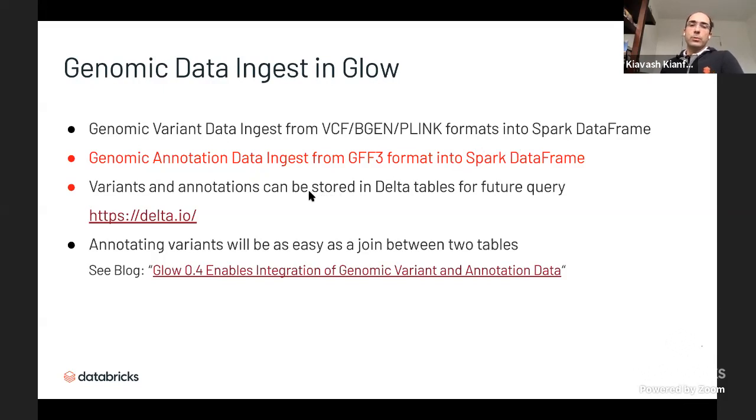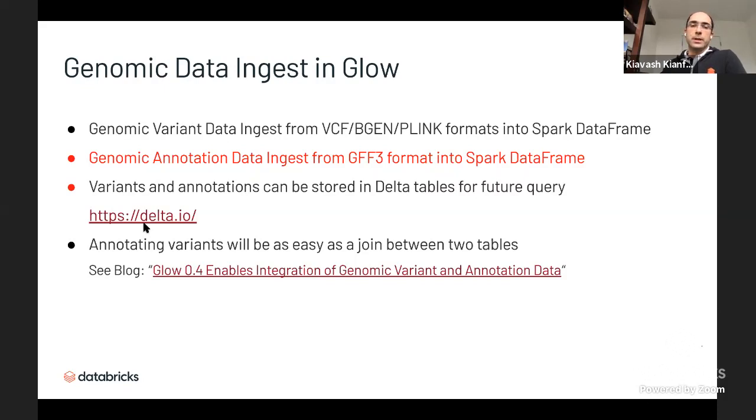And at the same time, you can store your DataFrames in Delta tables. Delta is an open source project by Databricks, where you can refer to this link and learn more about it.